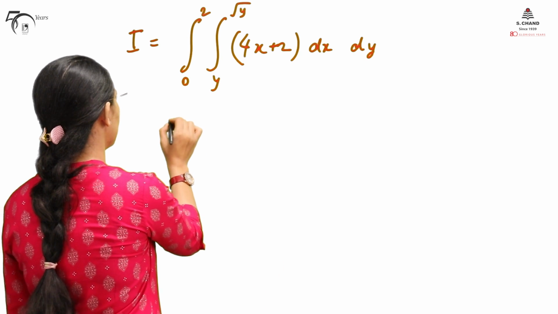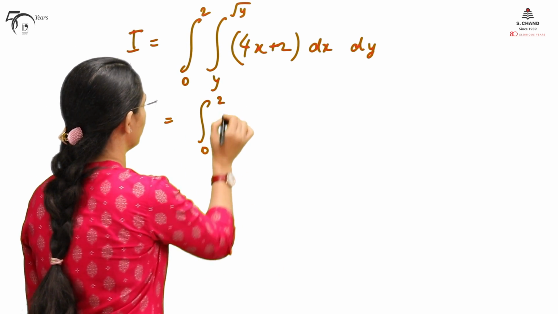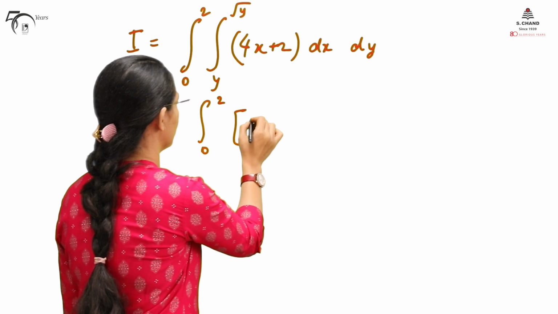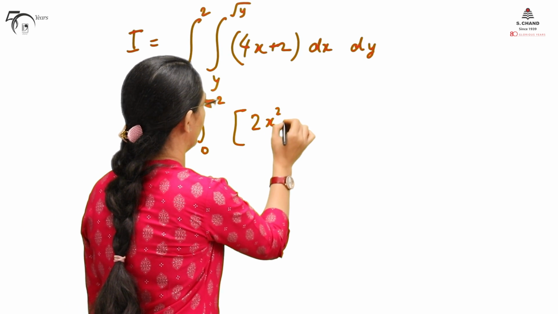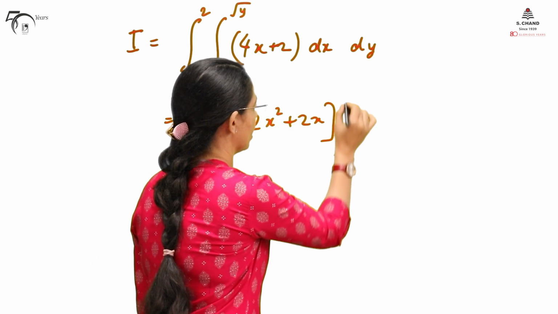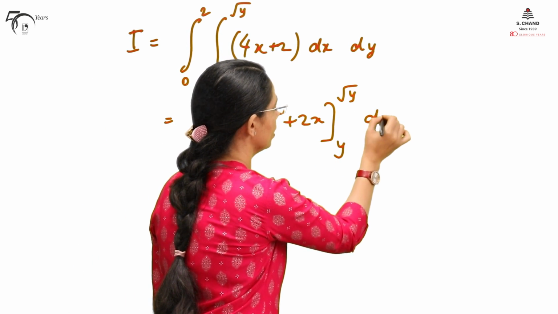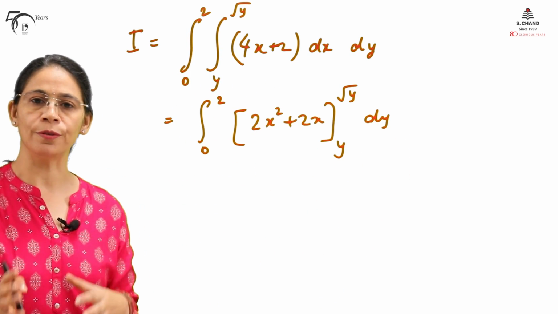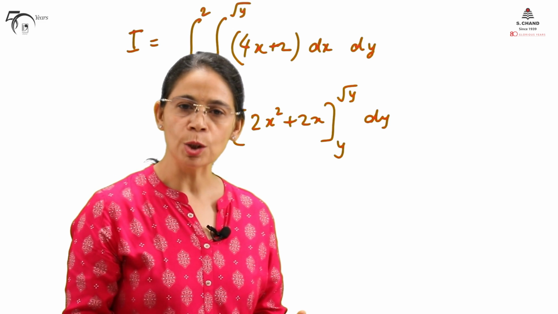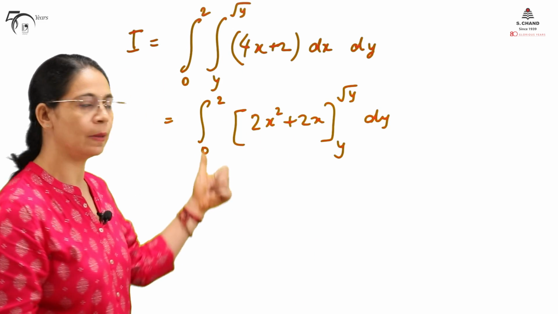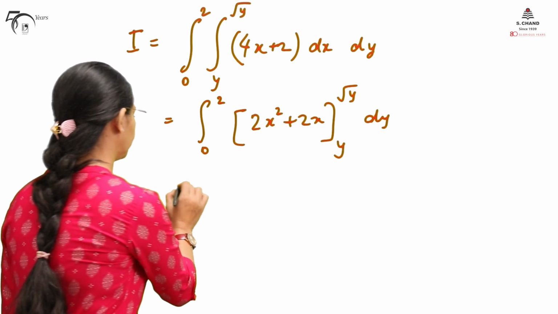When we integrate with respect to x, y will be treated as constant. So it gives 2x squared plus 2x, with limits written as y and under root y, dy. When we substitute these limits, our integrand will be free of x, and then we need to integrate with respect to y and substitute the limits for y.